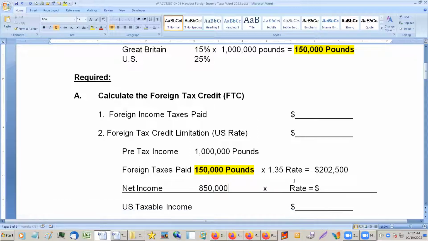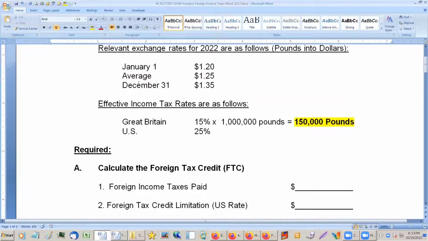Now this 850,000 though was earned throughout the year, so we're going to use the average rate for that, so 1.25.